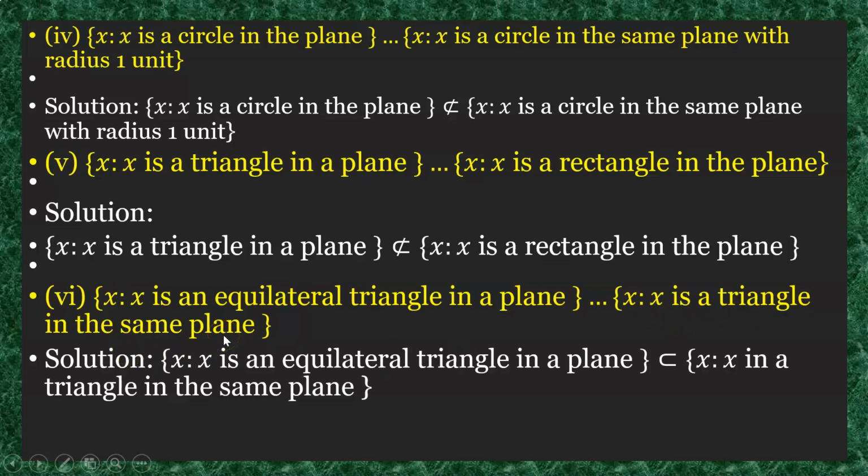The next set means all types of triangles. Suppose X is an isosceles triangle, then it is also in the subset.